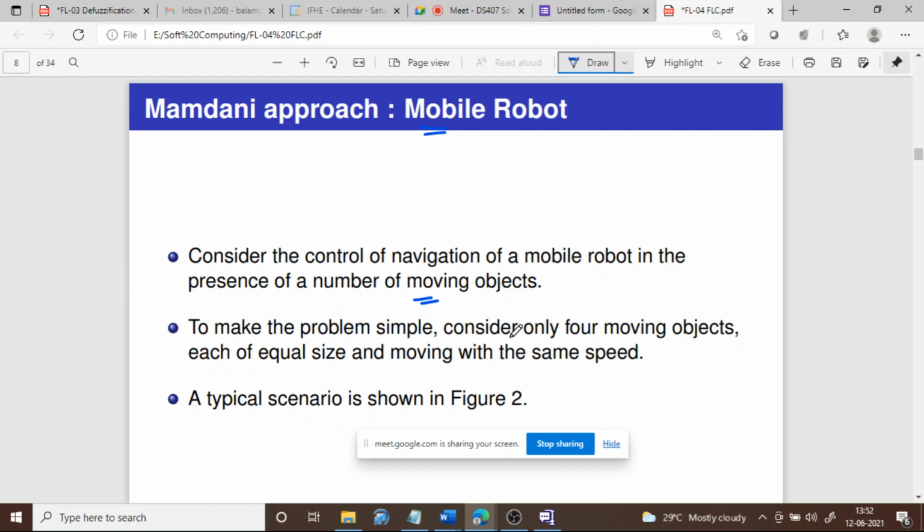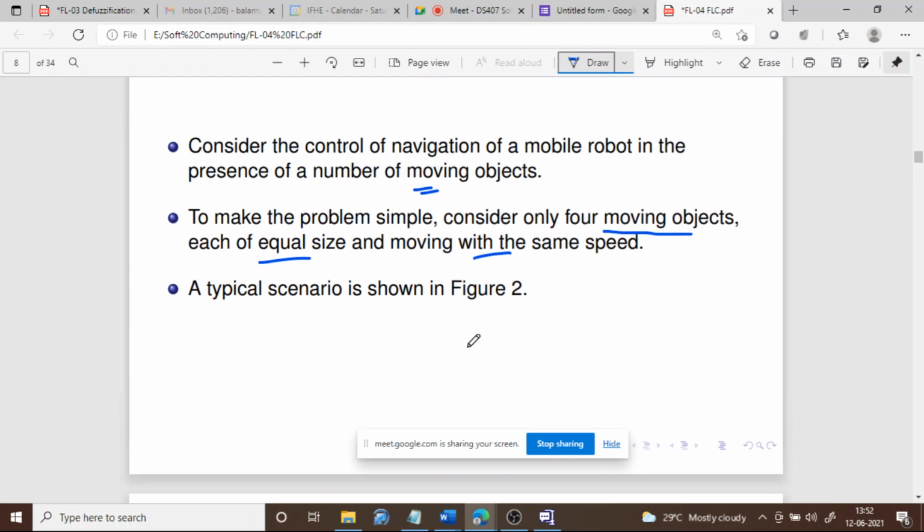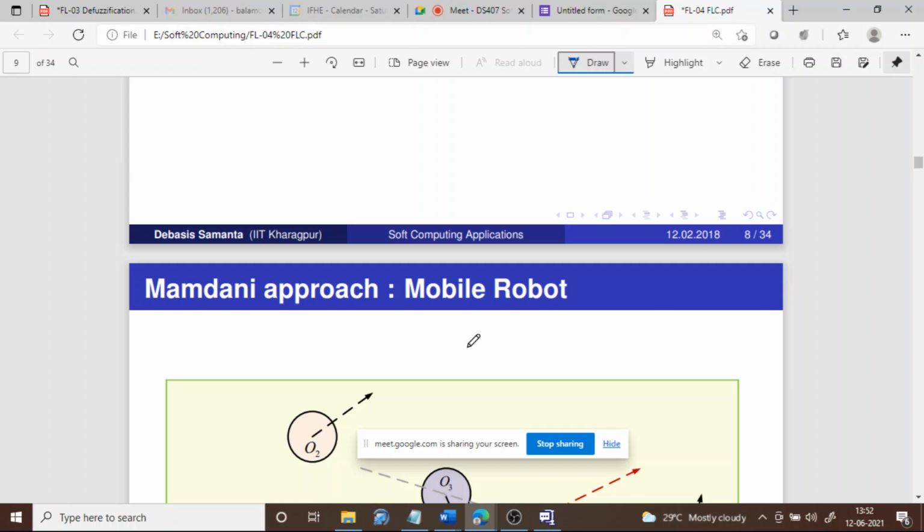To make the problem simpler, here we are considering only four moving objects, each of equal size and moving with the same speed. The job of the robot is that it should also move, but it should not hit any of the objects.